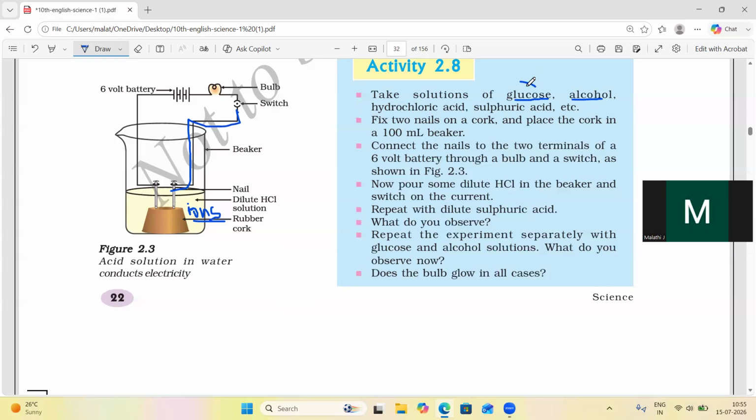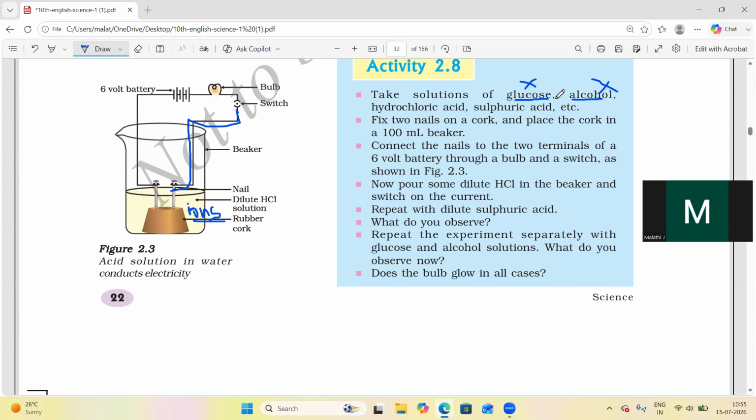Here they may ask one important question: why do acidic and basic solutions conduct electricity? When we put an acid or base into water, it breaks down and produces ions, and these ions are responsible for conducting electricity. Another question: if glucose is dissolved in water, is it possible to conduct electricity?